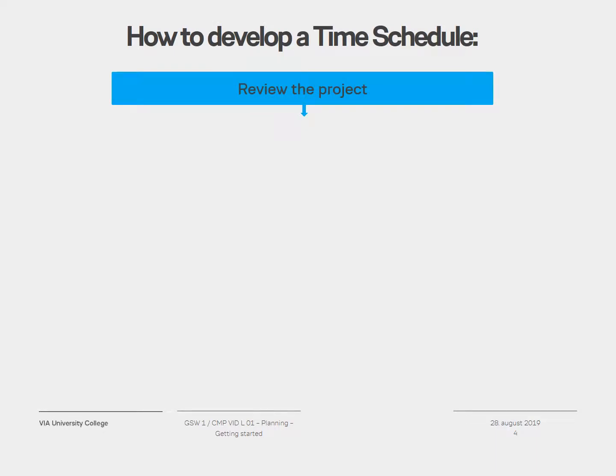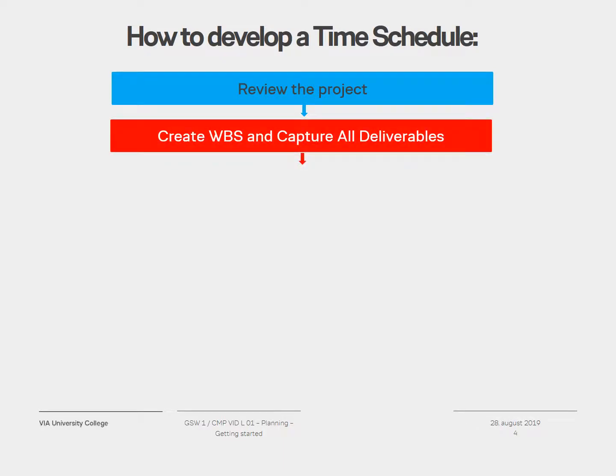It's always a good idea to start with reviewing the project. Familiarize yourself with the project. The better you know the project, the better basis you have for good planning. Once you know the project, you can create a work breakdown structure.